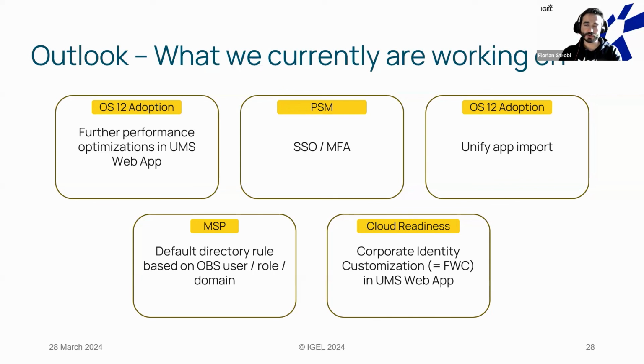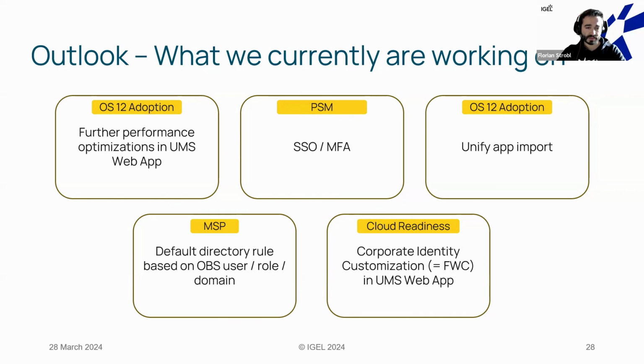This is a huge task, and we want to enable this within this year, and we have already started working on this topic. We also want to unify the app import. We got feedback that some users were a little bit confused about the different options for importing apps. This feedback is highly valued, and we are working on optimizations to streamline the app import.